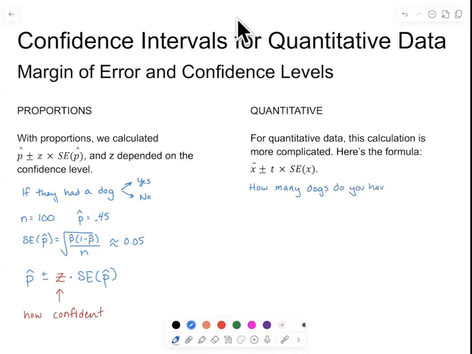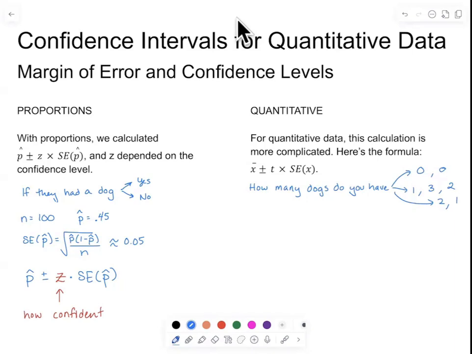The responses would be quantitative, like I have no dogs, or one dog, or two dogs. So we would get a great deal of quantitative data from these questions.